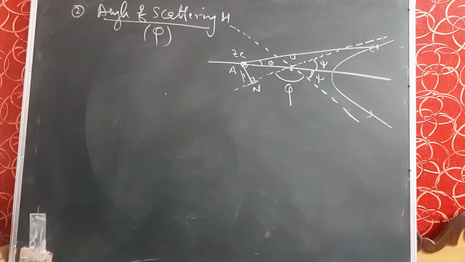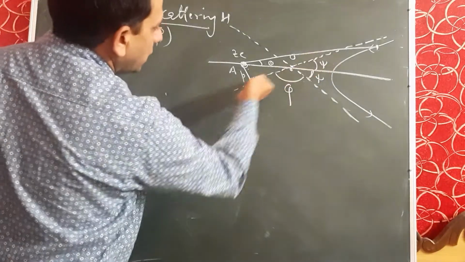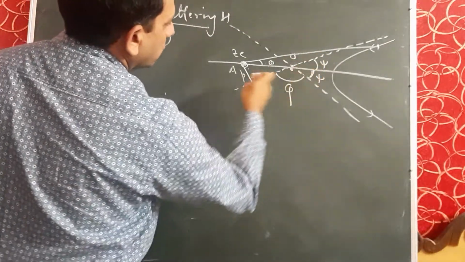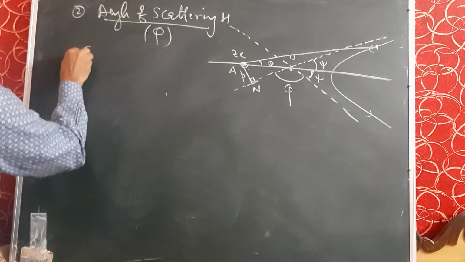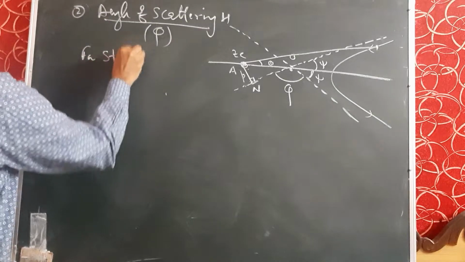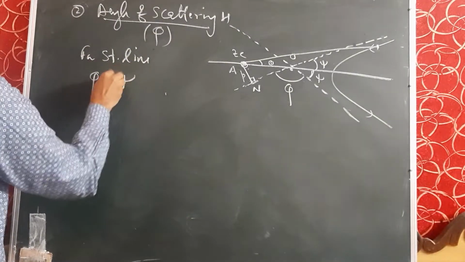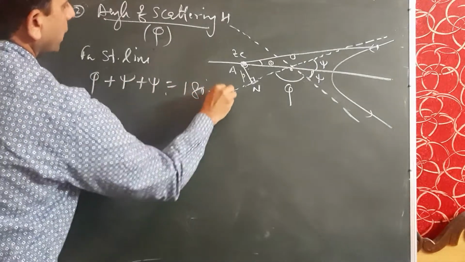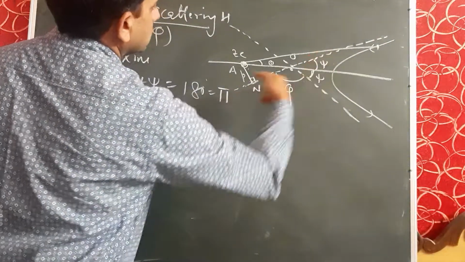Now by using the concept of geometry, we know that it is an asymptotic straight line, and the total angle for a straight line is 180. So for a straight line, angle phi plus angle psi plus angle psi is equal to 180 degree or pi radian, because the total angle is pi.